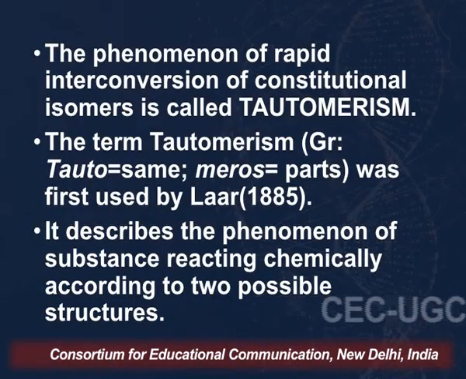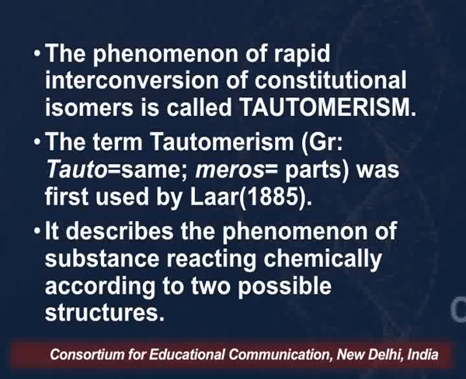So this phenomenon of rapid interconversion of constitutional isomers is called tautomerism. The term tautomerism is derived from the Greek words tauto, meaning same, and meros, meaning parts, and was first used by Laar in 1885.